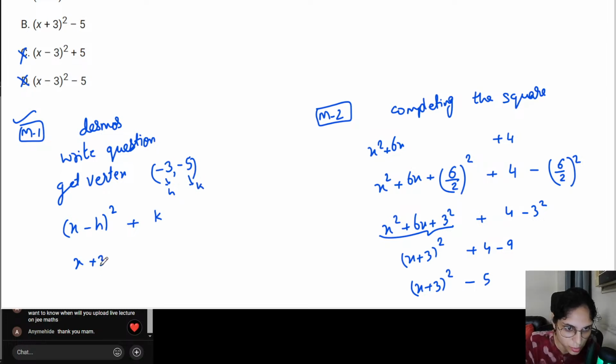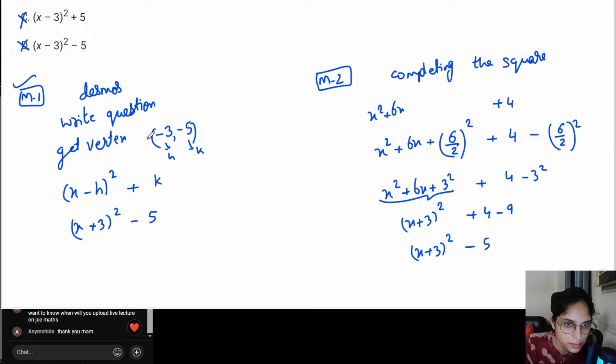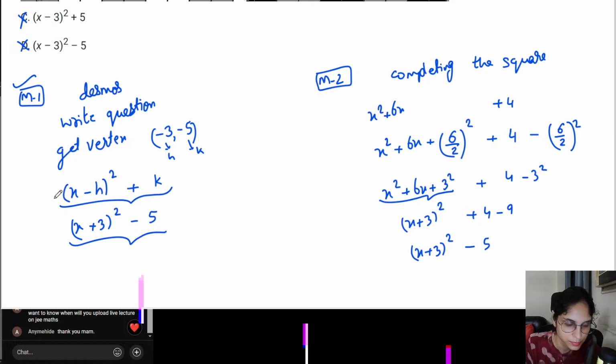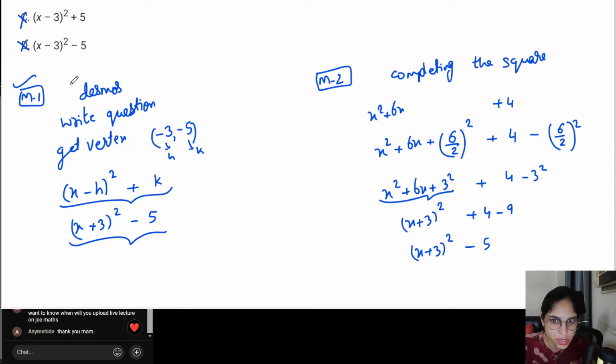So it will be x plus 3 whole squared. K is minus 5. This is your answer. You don't even have to check the options if you remember that this is the vertex form. There's no a because it was just x squared, so the value of a is 1.